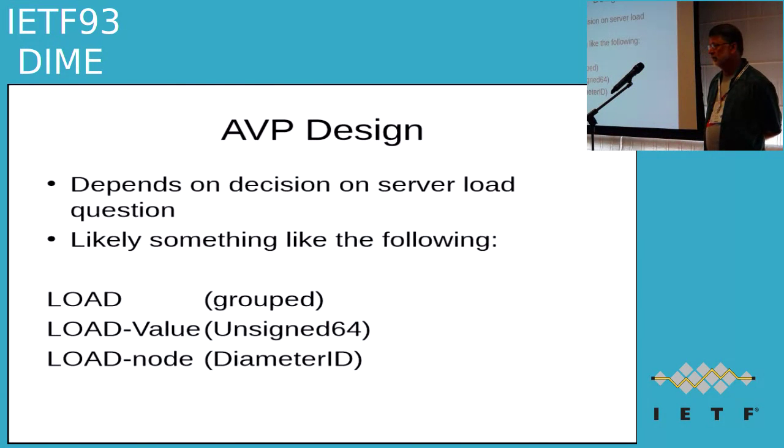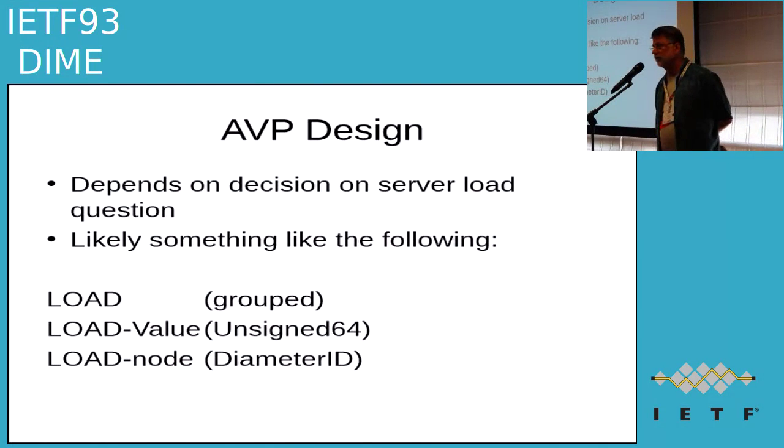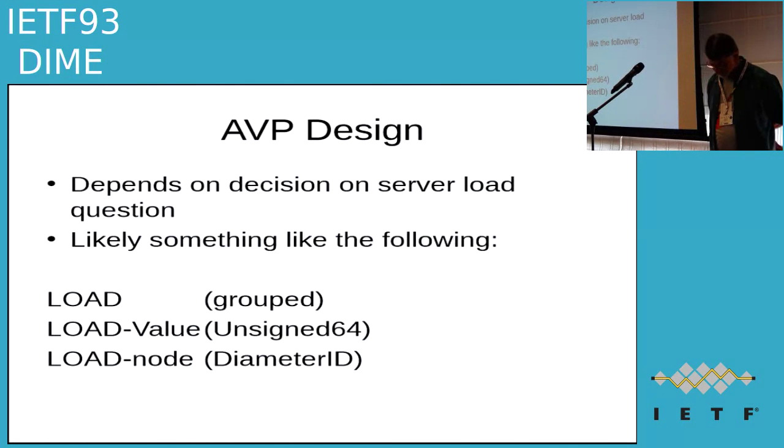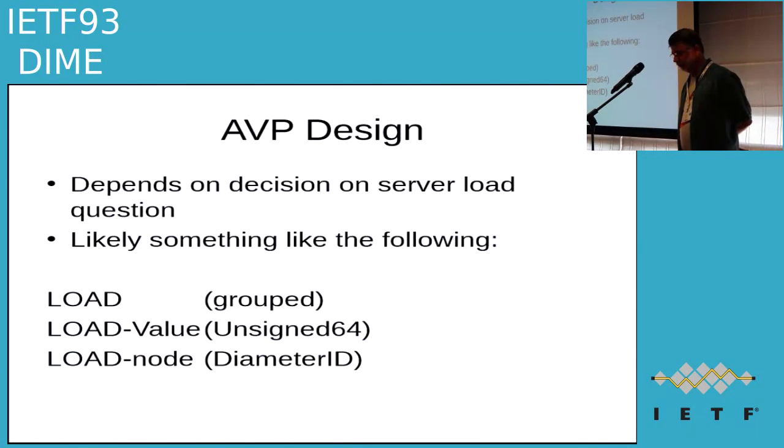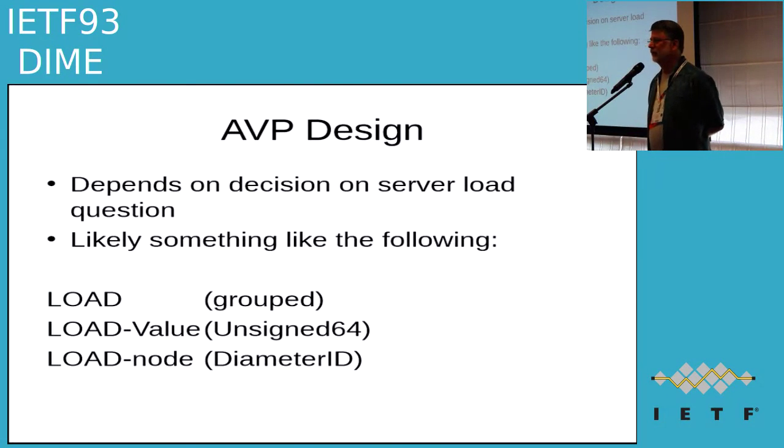Okay, so unlike overload, where something was needed. Yes. I don't think we need it here because the nature of load is you're going to use the load information to load balance to avoid overload. Right.